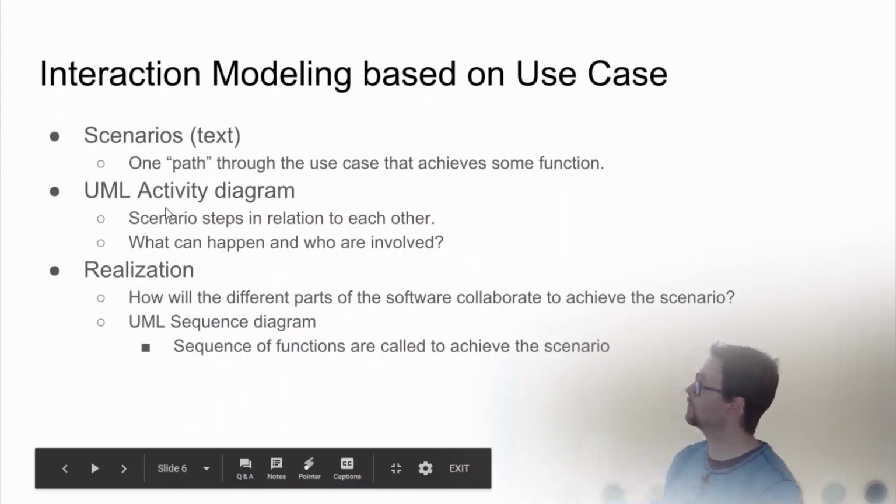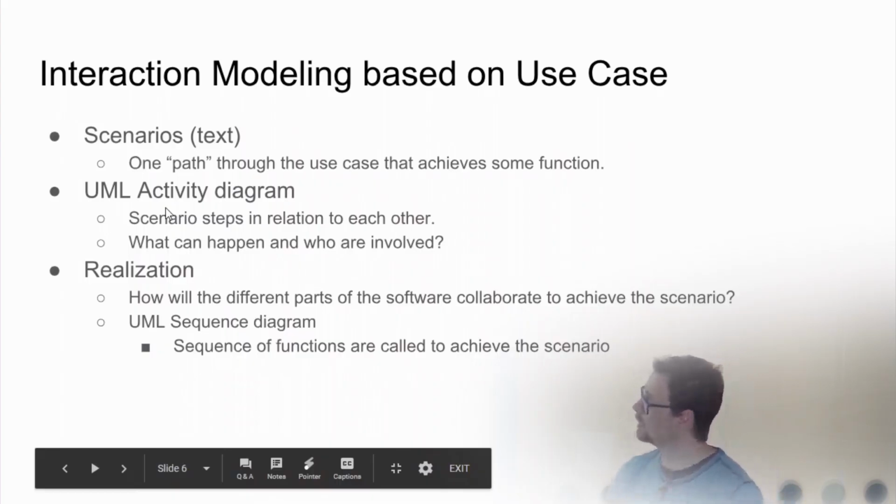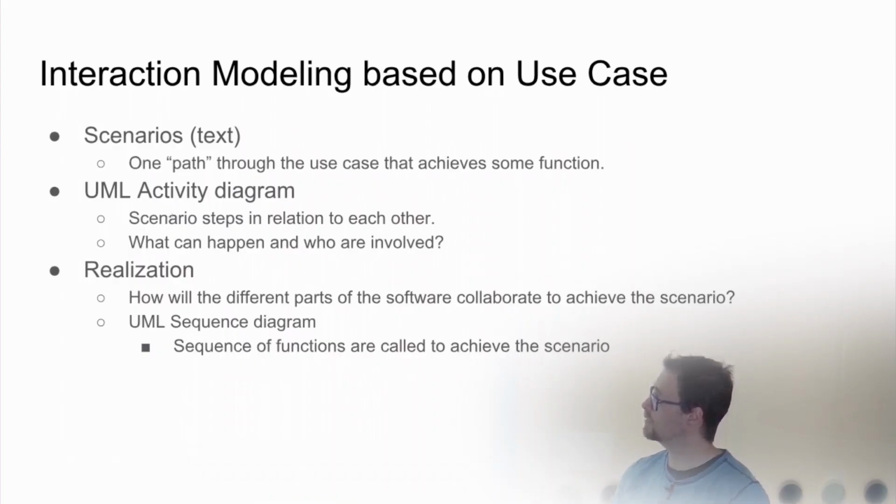So we have done some interaction modeling. We have done it based on use cases. We used the UML activity diagram. We could see the scenario steps in relation to each other, and we could see who does what and who are involved in the different scenarios.